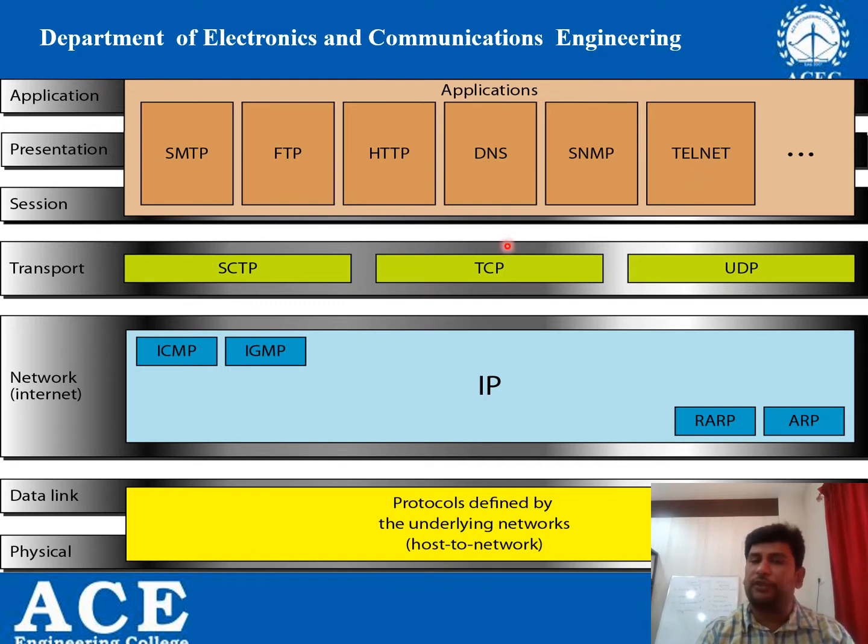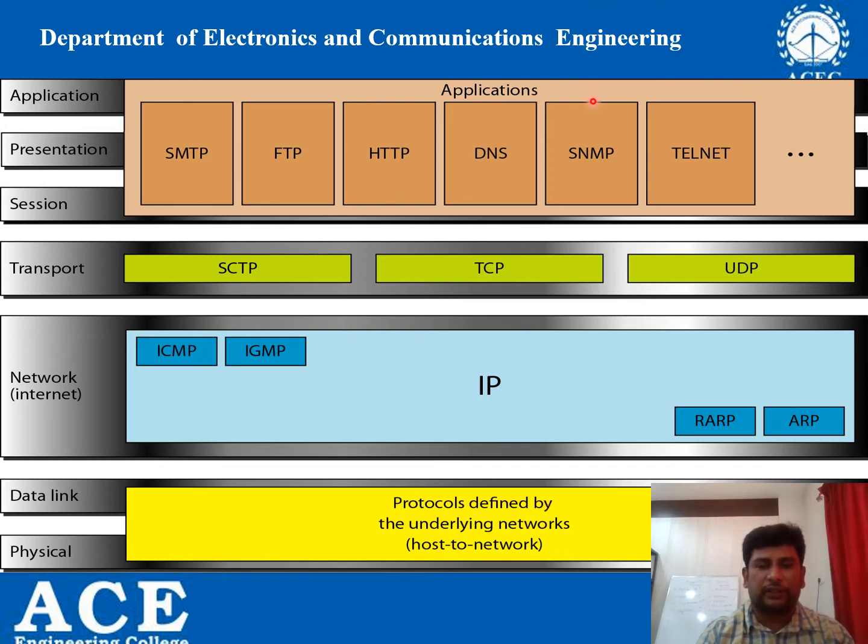Already we have learned in our previous units about protocols like TCP and UDP, which are a part of the transport layer, and IP, ICMP, IGMP, RARP and ARP, which are part of the network layer protocols. In the data link layer, we were discussing protocols like HDLC and PPP.